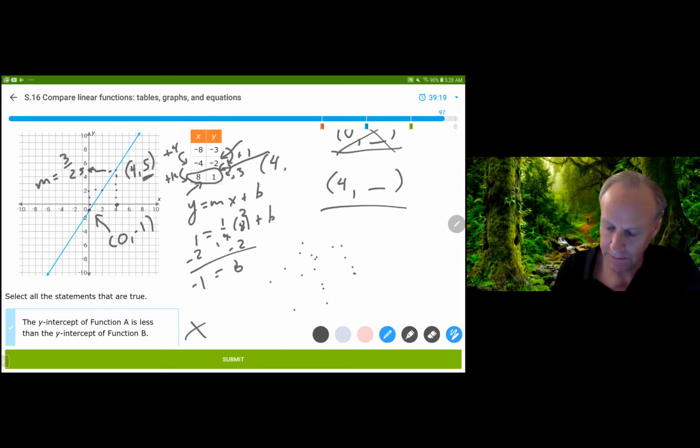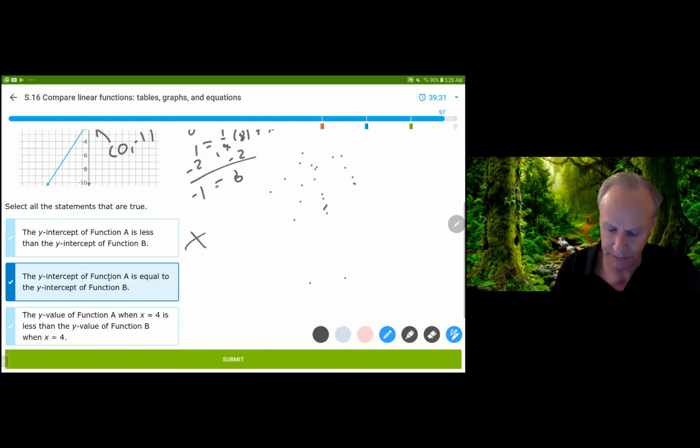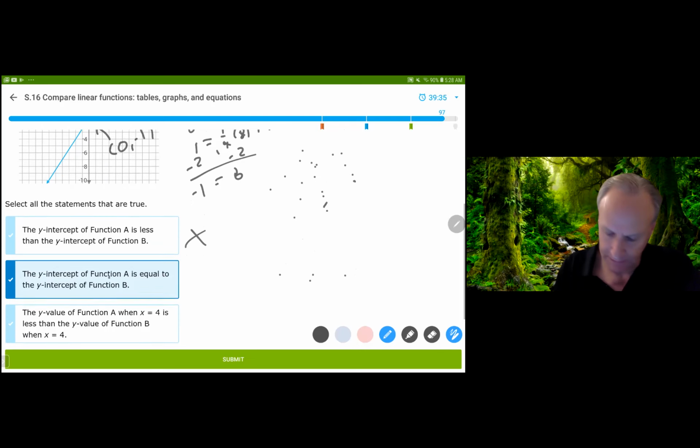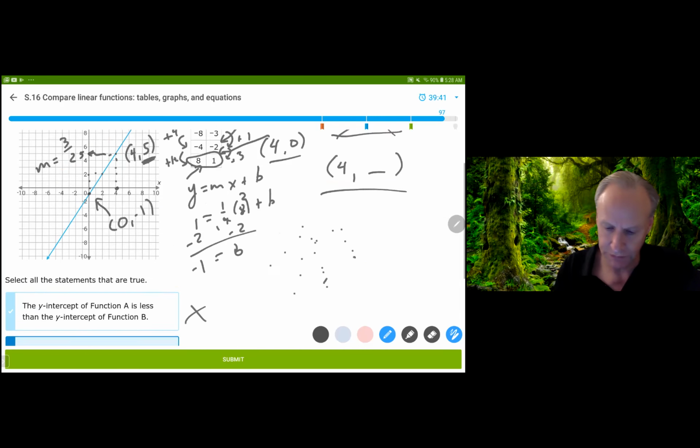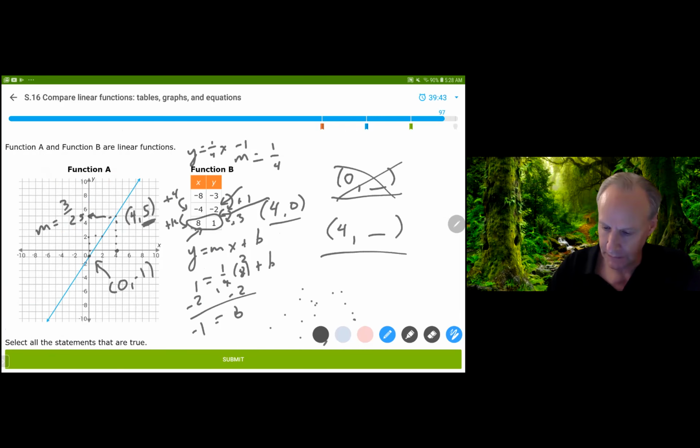If I had to estimate, I would say it's probably 0. And it almost certainly is. Look over here, we have a 5. So obviously function a is much larger than function b for x equal to 4. Function a is not less, and function a is greater than function b because it's at 5. And that's it.